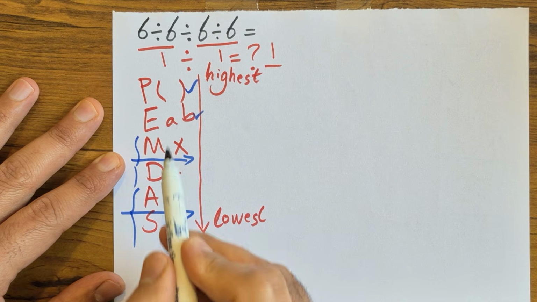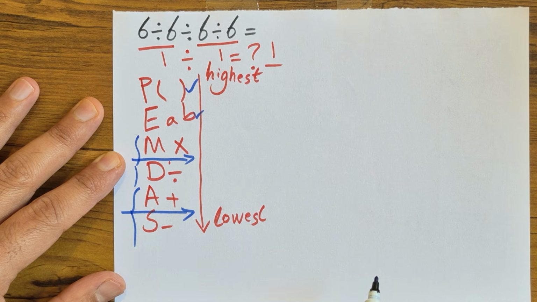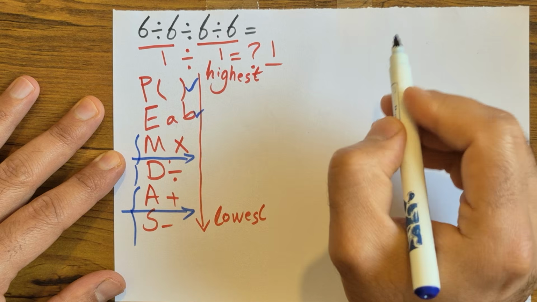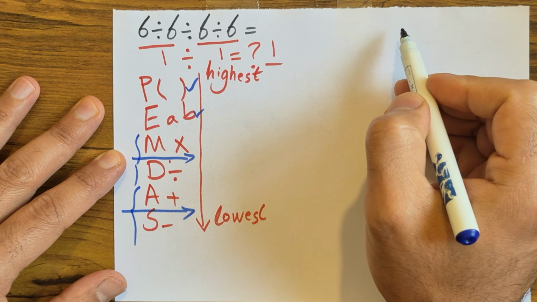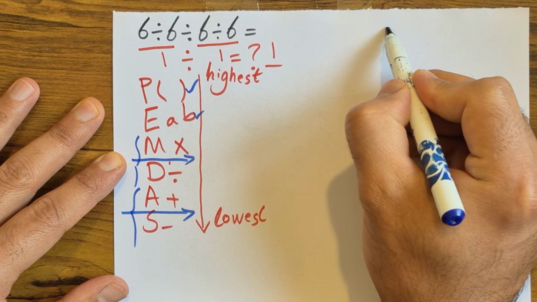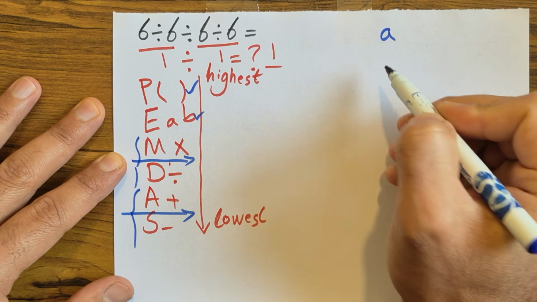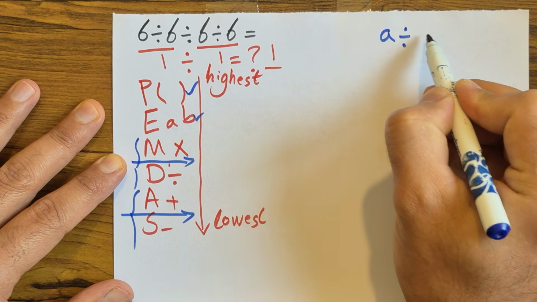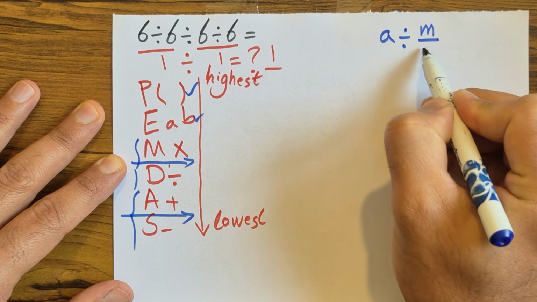And maybe before solving the original problem, I want to show you how to divide two fractions or a number by a fraction. So let's say we have number A and we want to divide it by, for example, m over n.